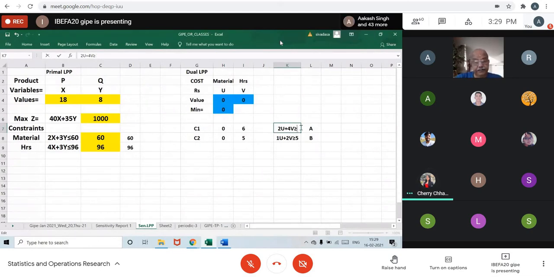And the next is 3U plus 3V, so not 13, 3. 3U plus 3V greater than or equal to 35.